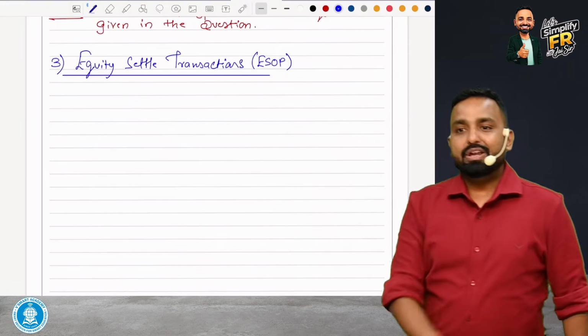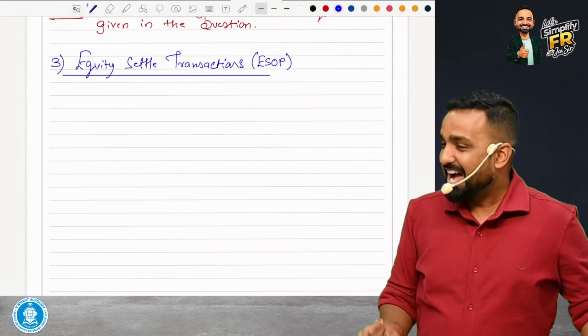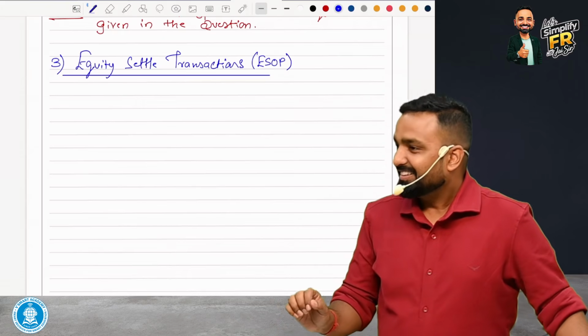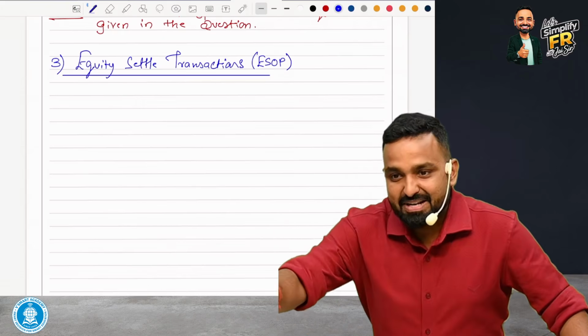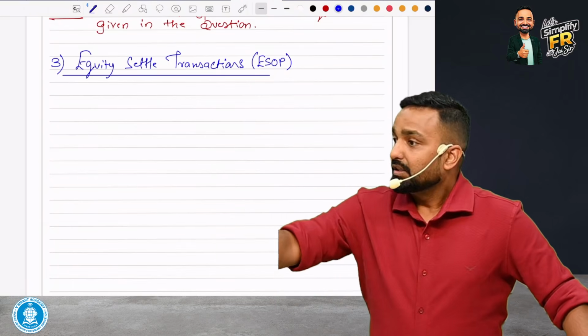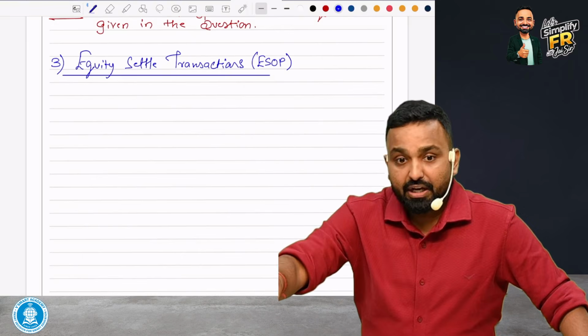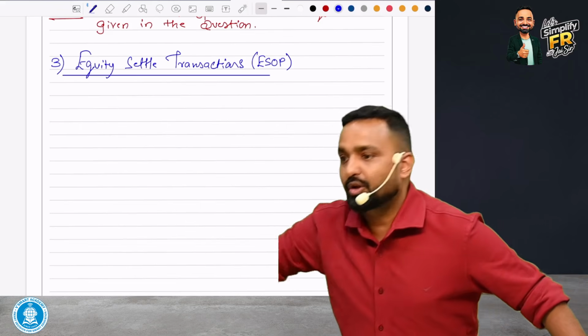Out of 450 employees, I'm estimating that 80 employees will go in the second year and third year also.